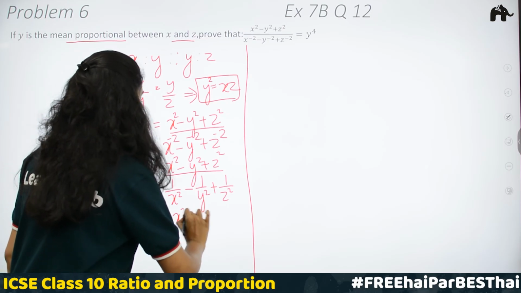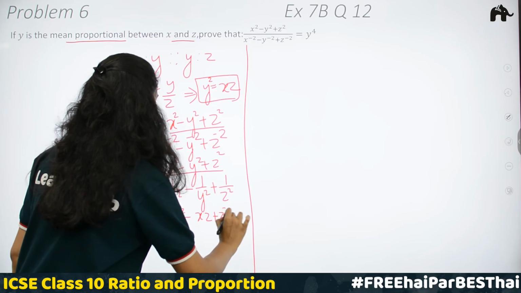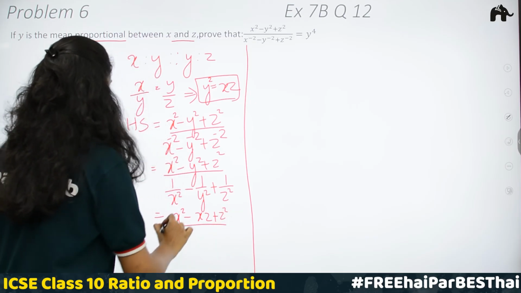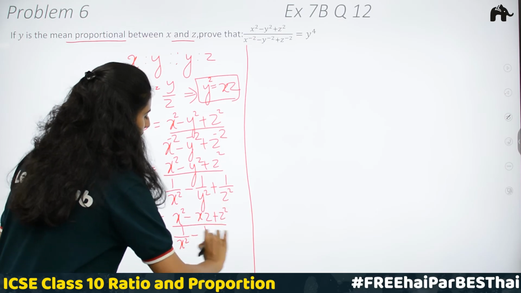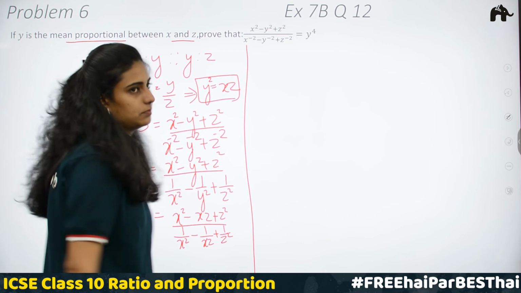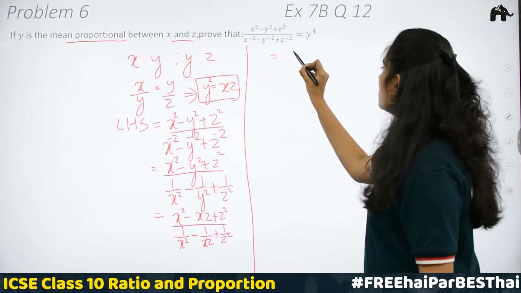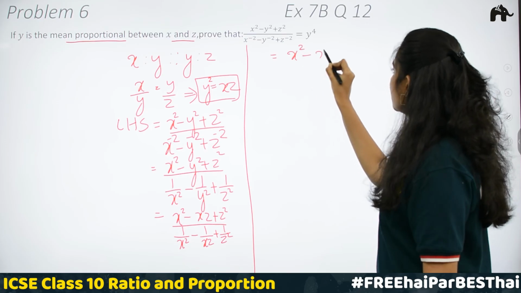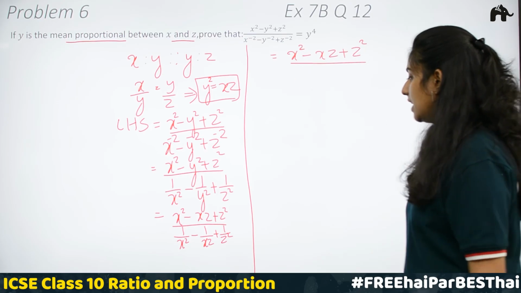This becomes (x square minus xz plus z square) divided by (1 by x square minus 1 by xz plus 1 by z square).